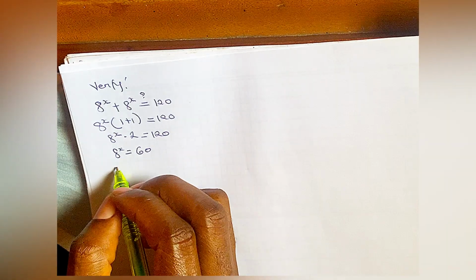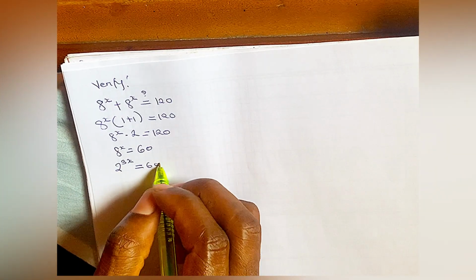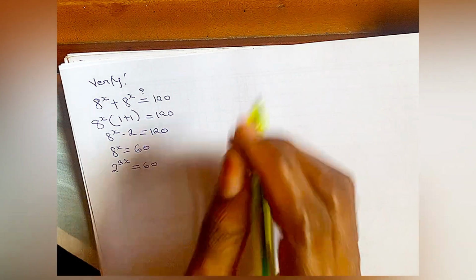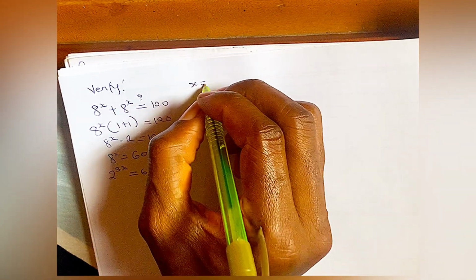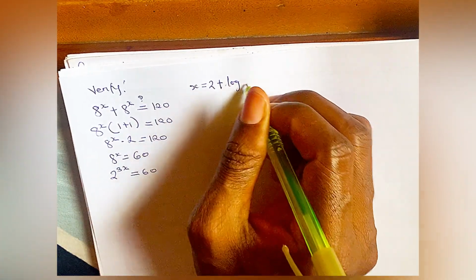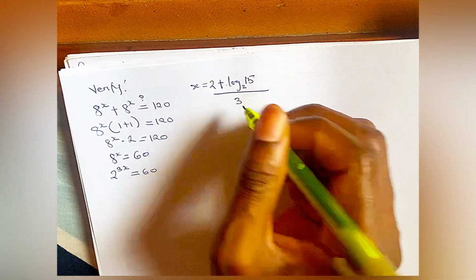Let's rewrite this in the power of 2. We have 2 to the power of 3x is equal to 60. Now, our x is what? x is equal to 2 plus log 15 base 2 all over 3.